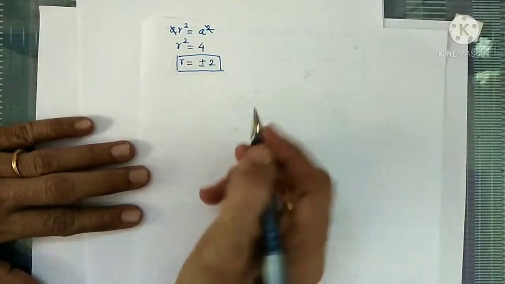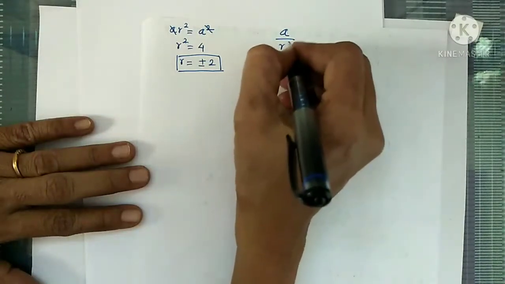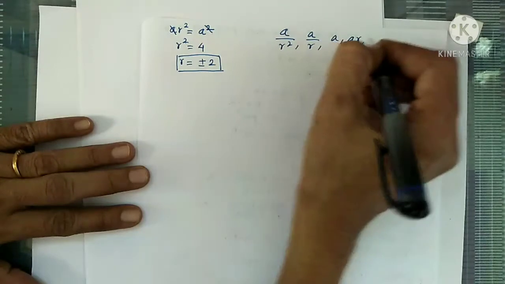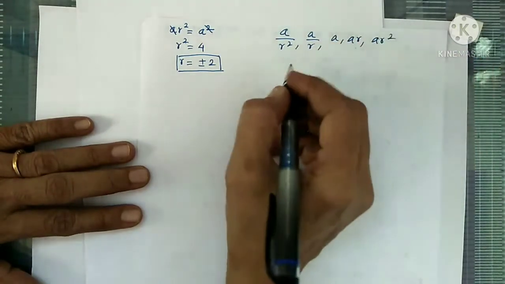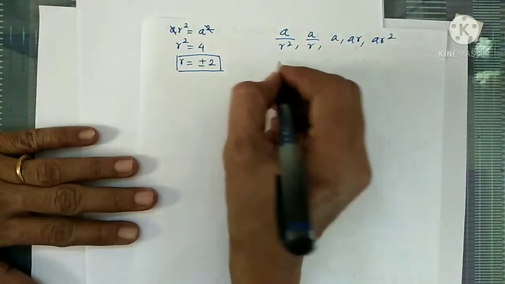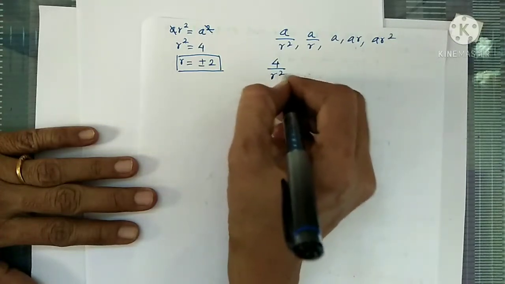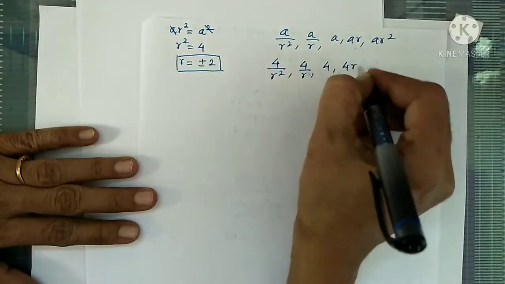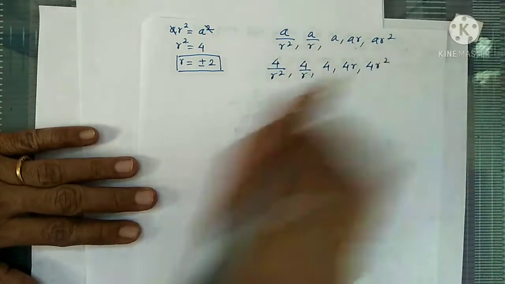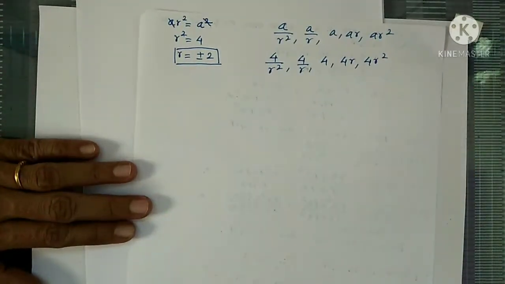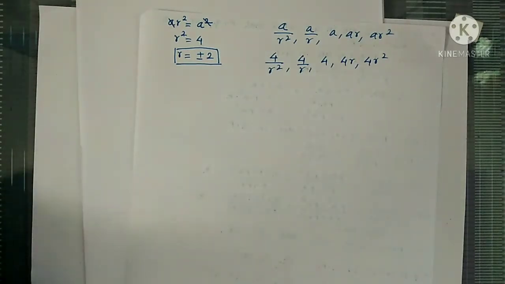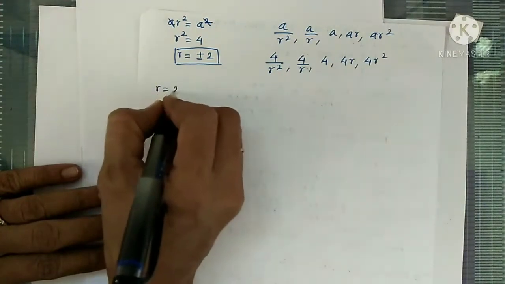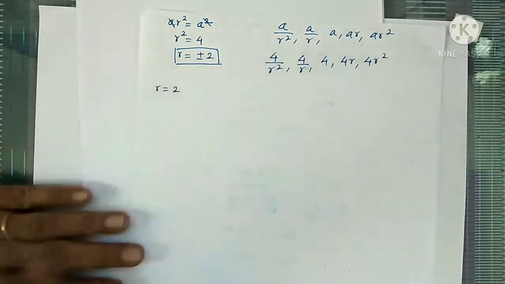Okay. Now the numbers are A by R square, A by R, A, AR, AR square. So first of all I am substituting the value of A. A is 4. So that is 4 by R square, 4 by R, 4, 4R, 4R square. As we have two values of R, first let's put R equal to plus 2 and then we will substitute R equal to minus 2.